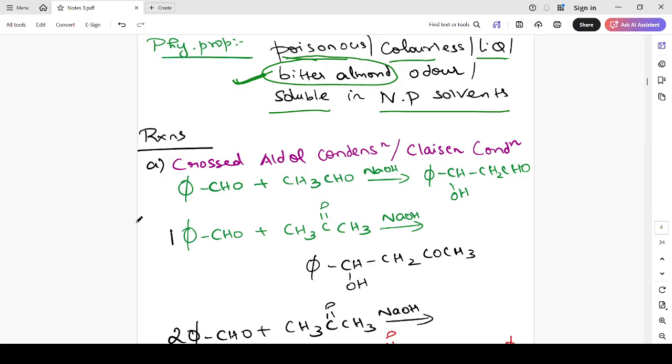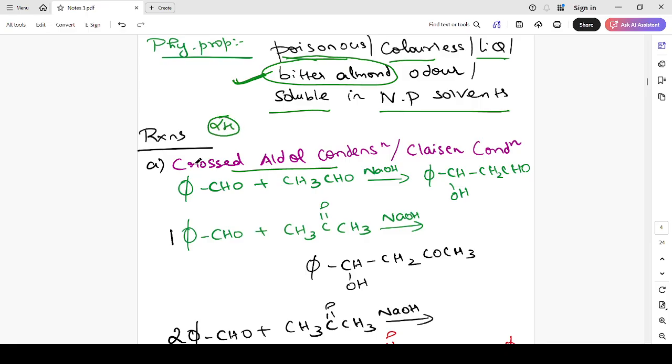The next one is crossed aldol condensation. What is crossed aldol condensation? We know aldol condensation is when I use an aldehyde which has alpha hydrogen.